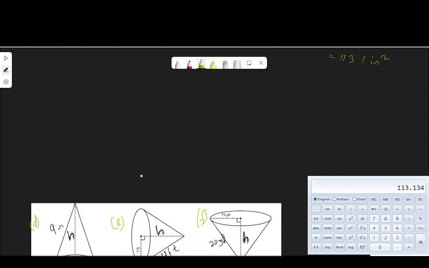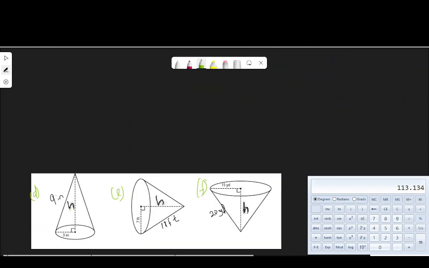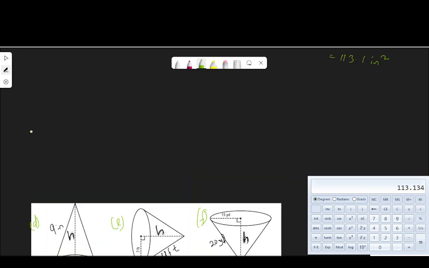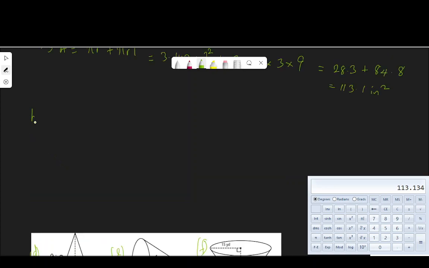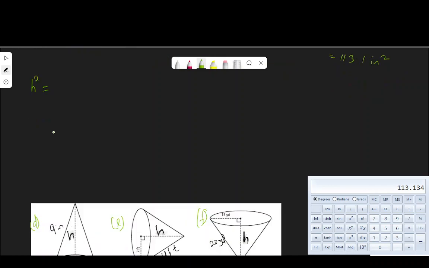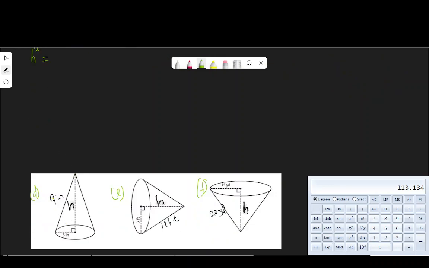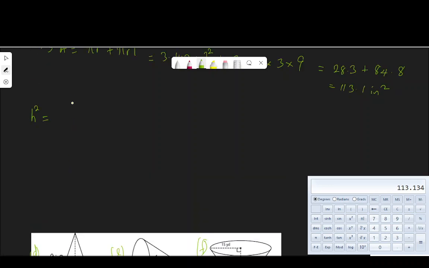And for us to get the volume, we need to know the height here. So height h square, applying Pythagoras, is 9 square minus 3 square, which is 81 minus 9. And 81 minus 9 will be 72.